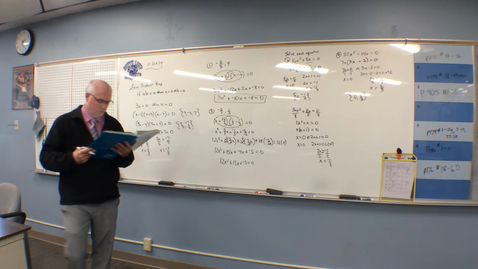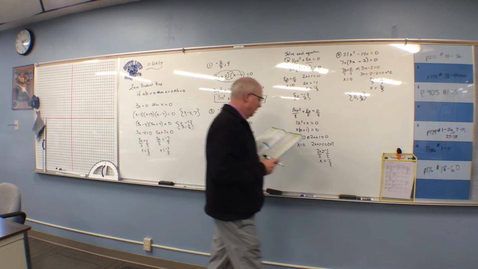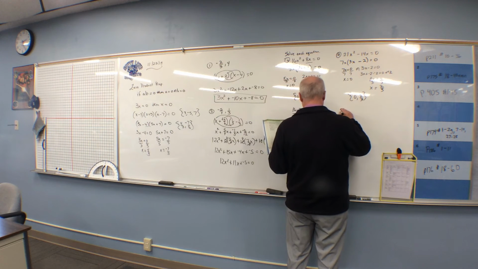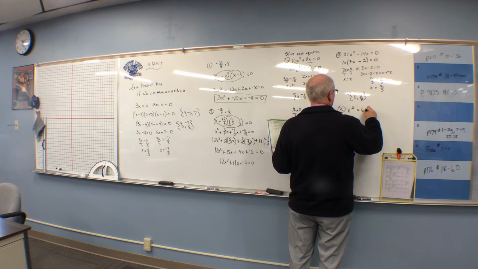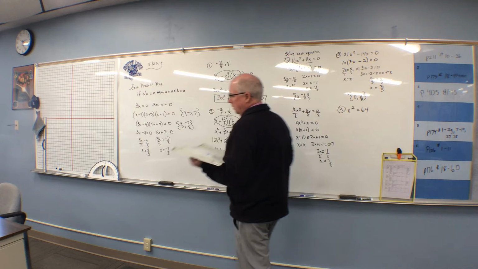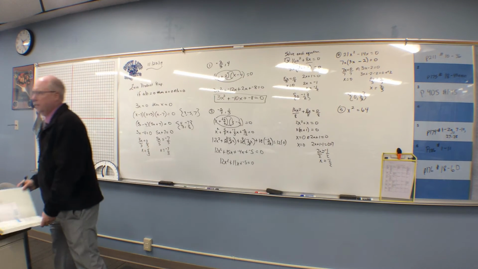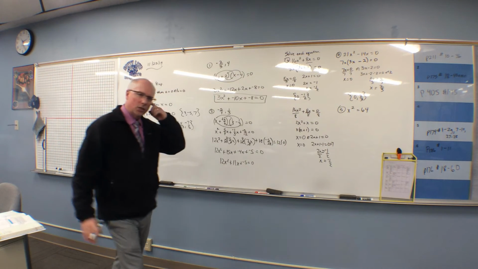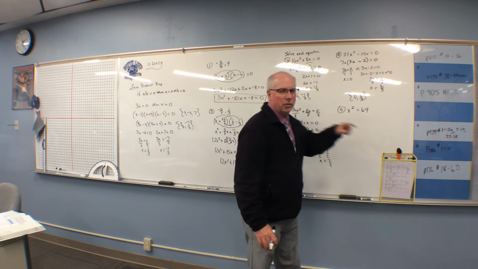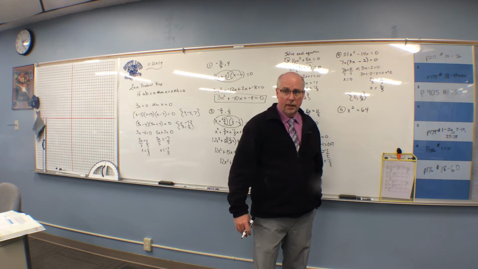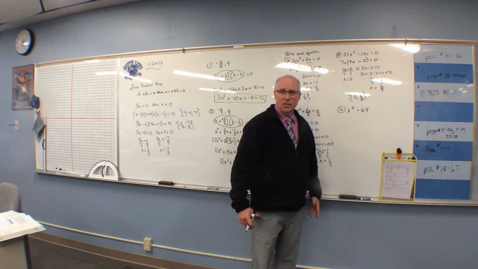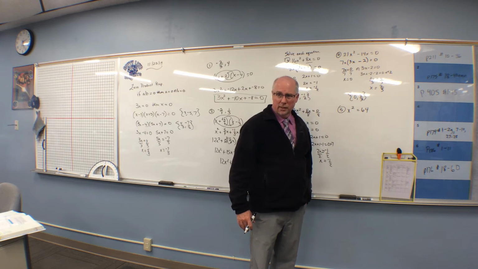Sometimes you have something like this. Okay? If you move the 64 to the left side, you'd get x squared minus 64 equals 0, correct? And you could factor it as a difference of squares. But it's just as easy to take the square root of both sides, isn't it?